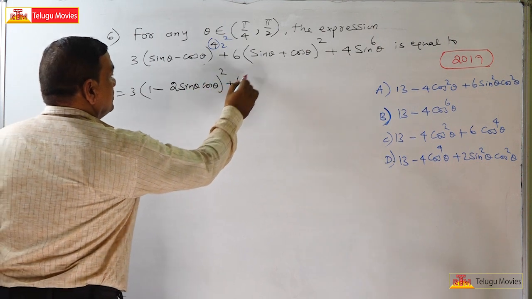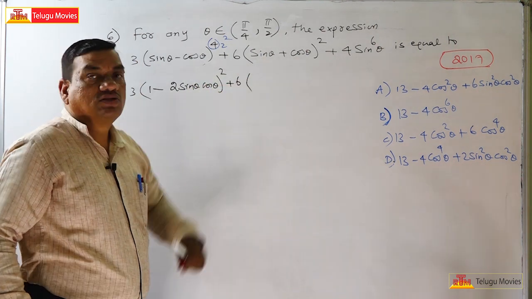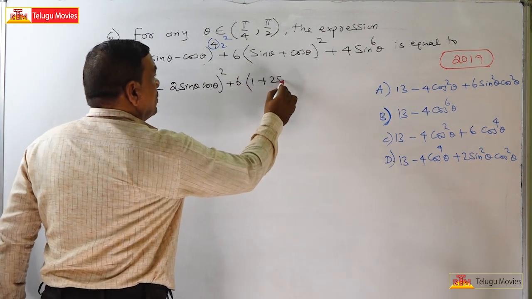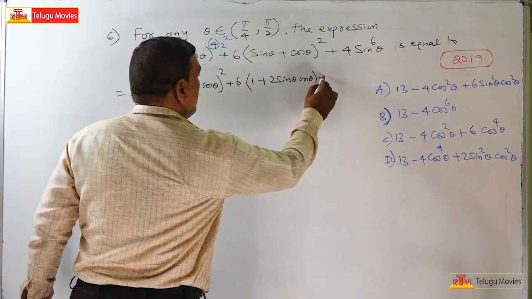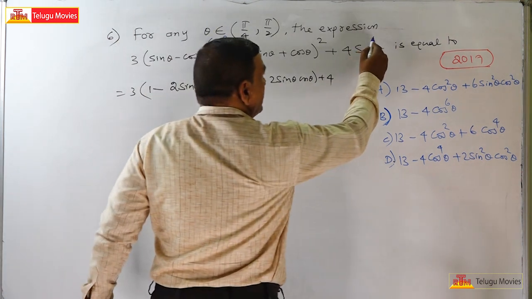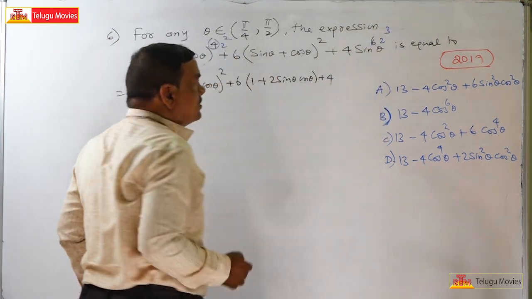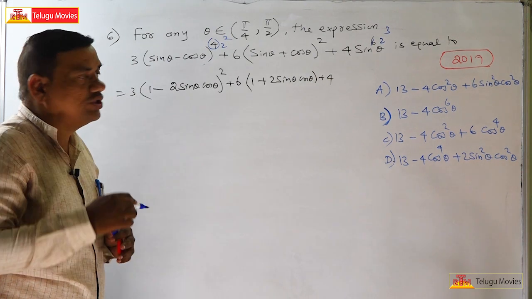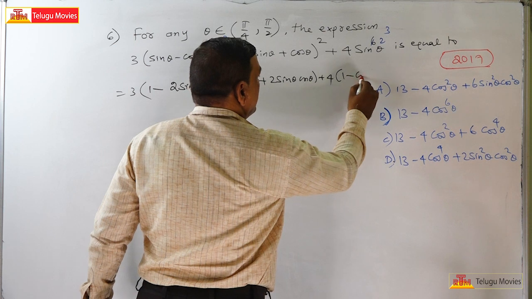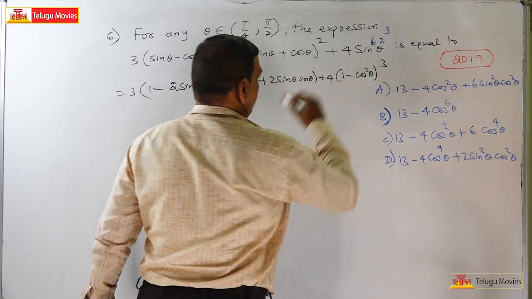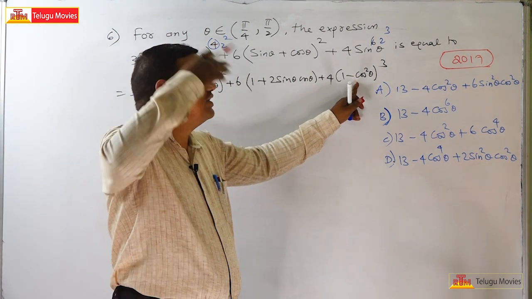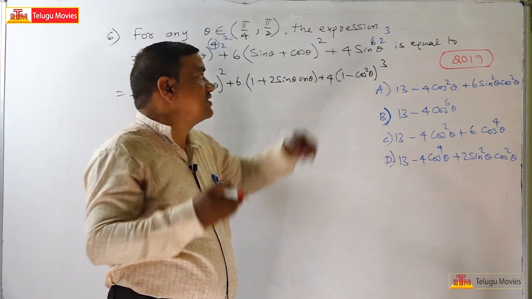Again, 1 square is there. 6 means sin theta plus cos theta whole square, sin square theta plus cos square theta, that is 1 plus 2 sin theta cos theta, plus 4 into, see here, we can write it as sin square theta whole cube, 2 3s are 6. So sin square theta means 1 minus cos square theta whole cube. 1 minus cos square theta; sin square theta whole power means 2 3s are 6, sin power 6 theta.